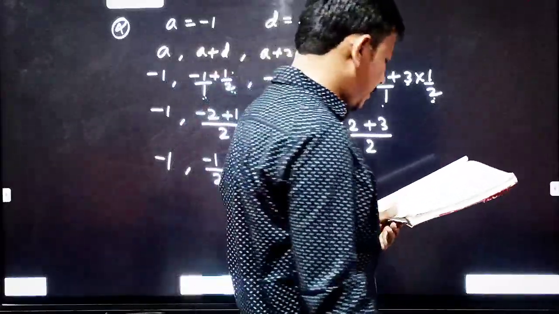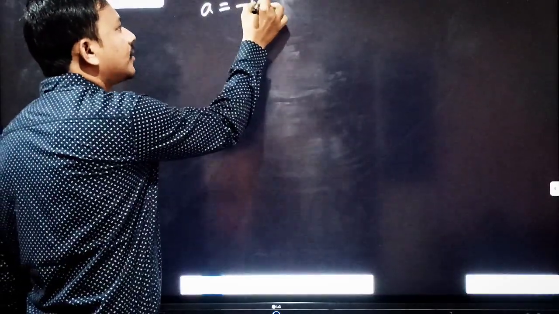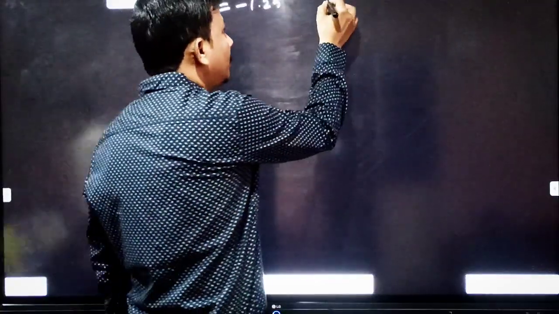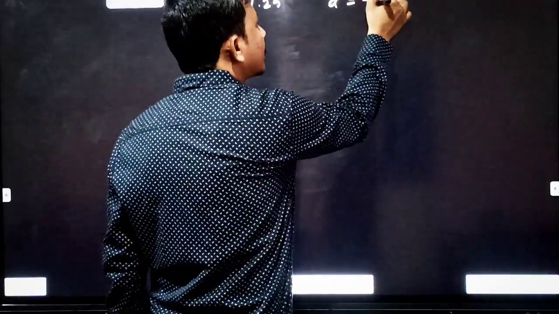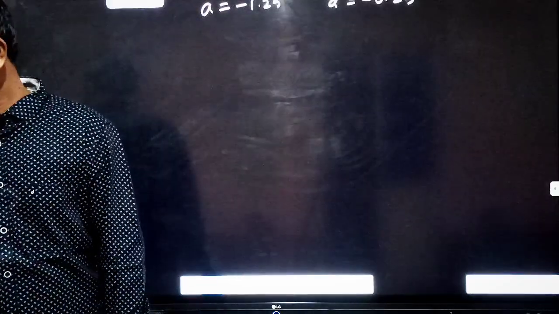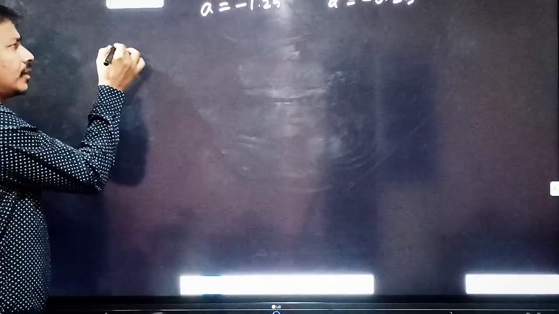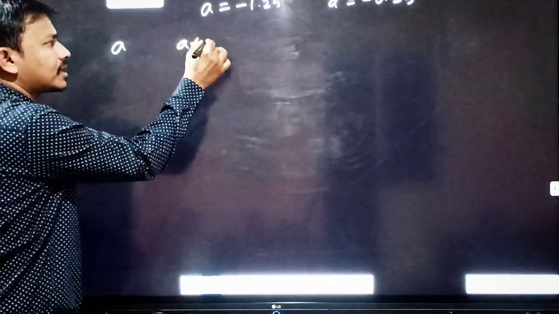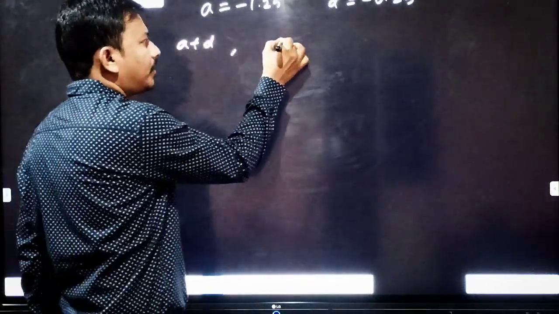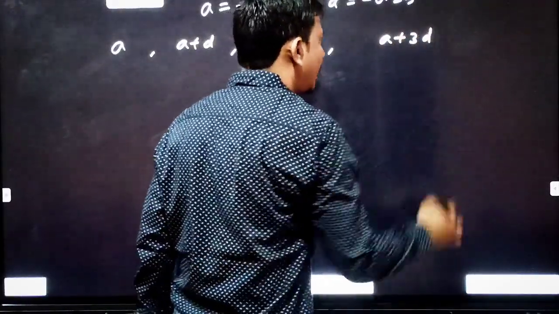What is the fifth question here? A is equal to -1.25. Then D is equal to -0.25. Correct? -1.25, -0.25. A, A plus D, A plus 2D, A plus 3D.